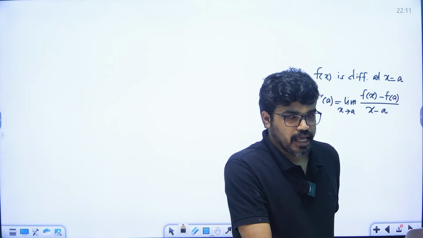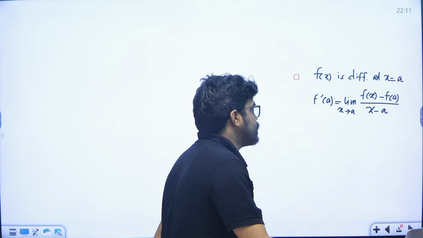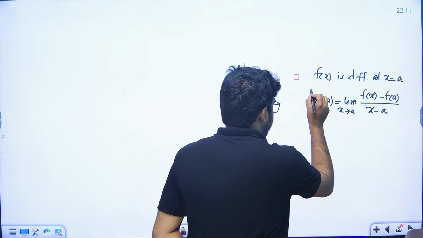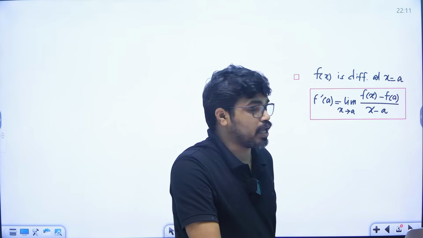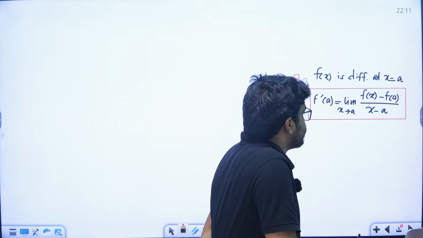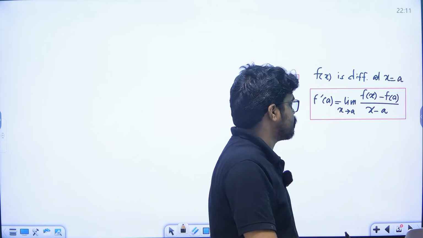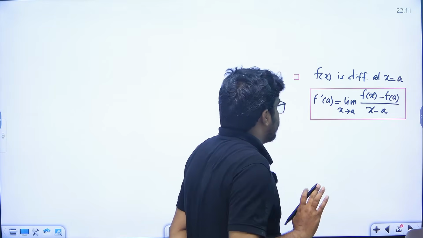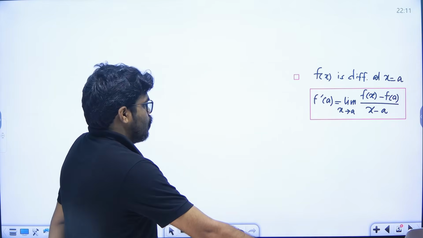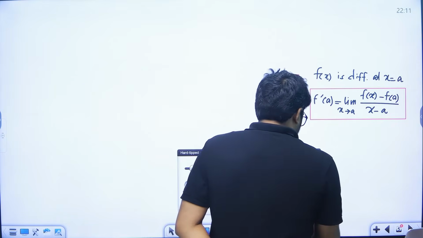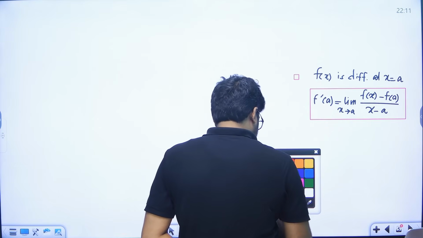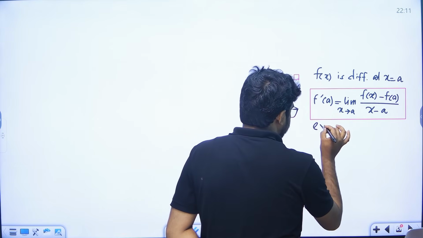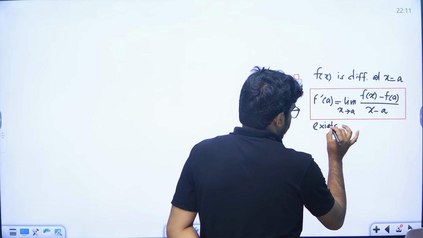Clear? Okay. If this limit exists, then we say that the function f(x) is differentiable at the point x equals a.